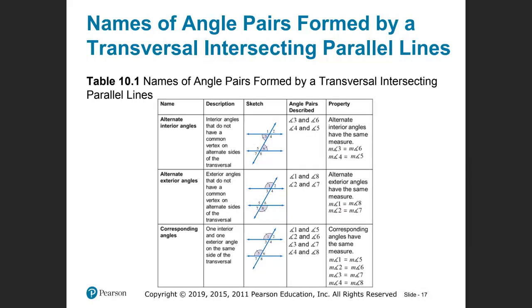So in the diagram, 3 and 6, 4 and 5 are alternate interior angles. Alternate exterior angles do not have a common vertex and they're on alternate sides of the transversal.